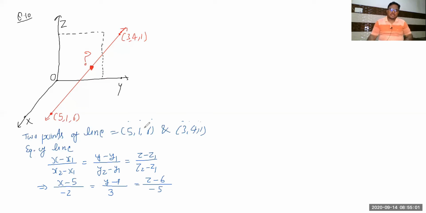Now students, this line is intersecting the YZ plane. And it is the property of YZ plane that on YZ plane, x value is definitely 0. So here x value is definitely 0 at the point of intersection. So at YZ plane, x must be 0.